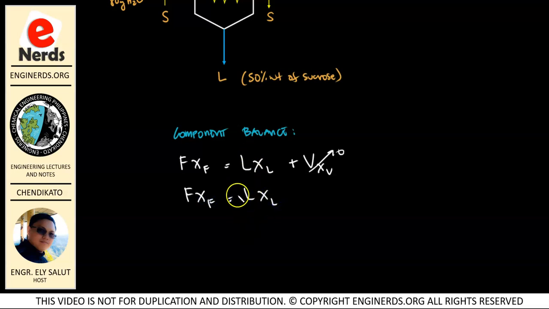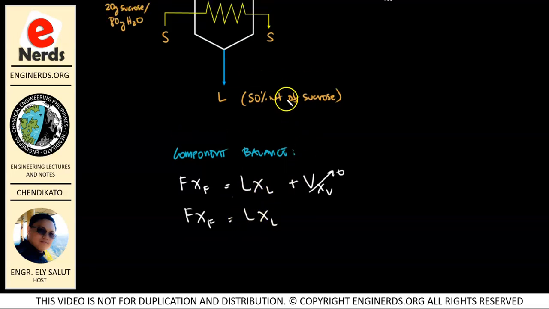So we do not know the value of L, and we actually know the value of XL because this is what we want to produce. Itong 50% of sucrose. So what it means is that our XL is equal to 0.5 because this is already a percent weight. So we can convert this into weight fraction or mass fraction, which is equal to 0.5.